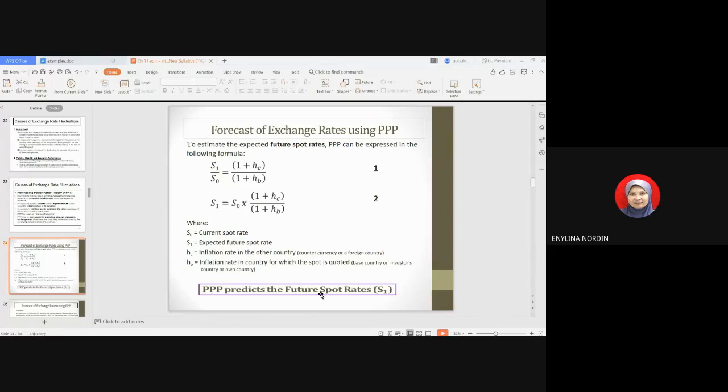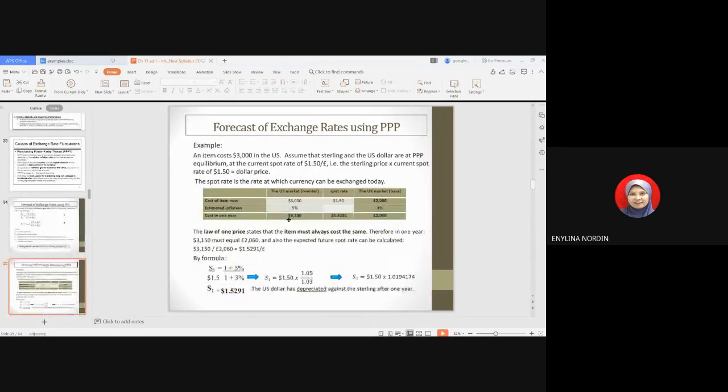So how are we going to apply this formula? You can look at this example. The example states that there is an item that costs $3,000 in the US. Assume that sterling and the US dollar are at PPP equilibrium at the current spot rate of $1.50 per pound.